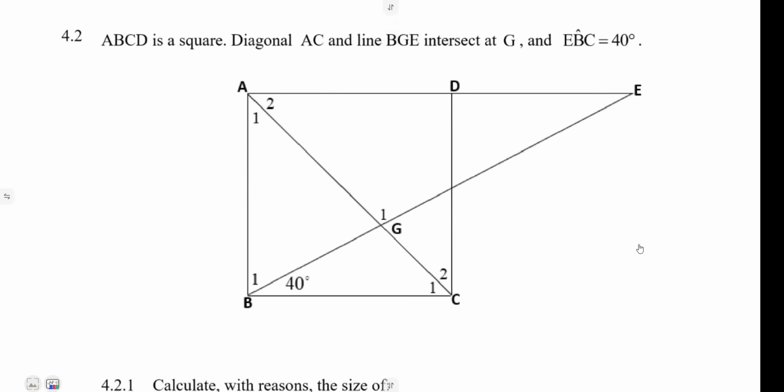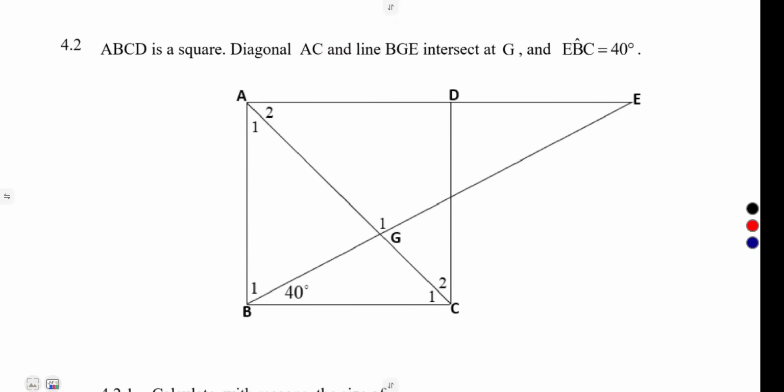And we are given a diagram here. ABCD is a square. Remember, in a square, all the sides are equal, and the angles are 90 degrees each, from the properties.